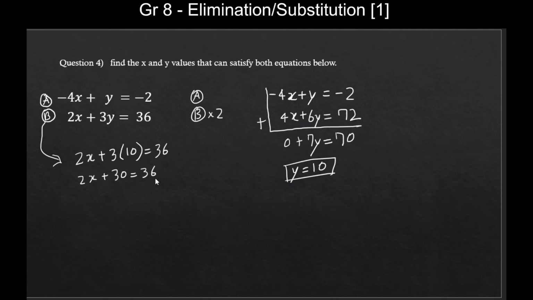And if we move 30 to the other side, it's going to be 2x is equal to 6. Therefore, our x value should be 3. And we got it right.